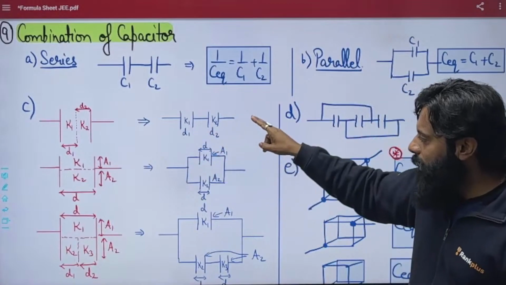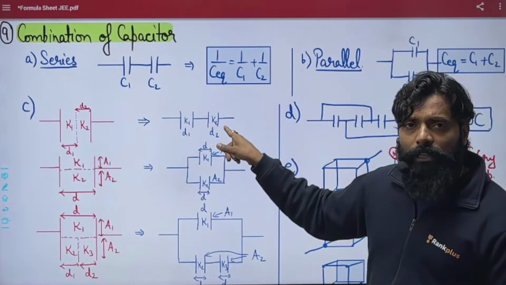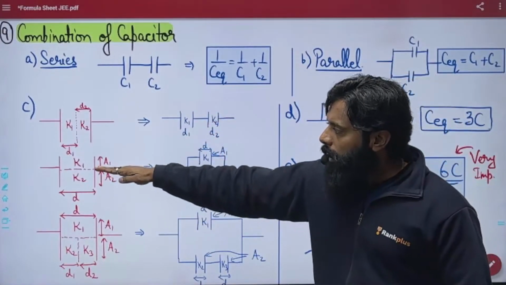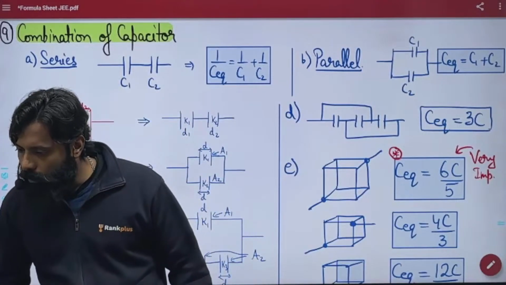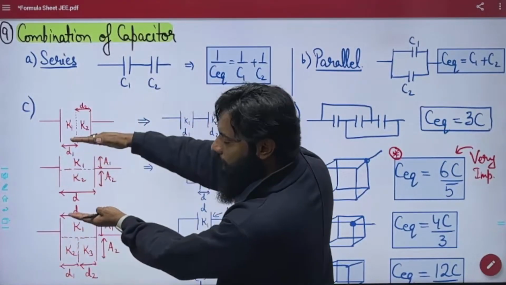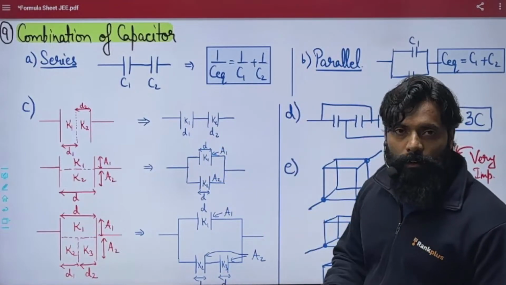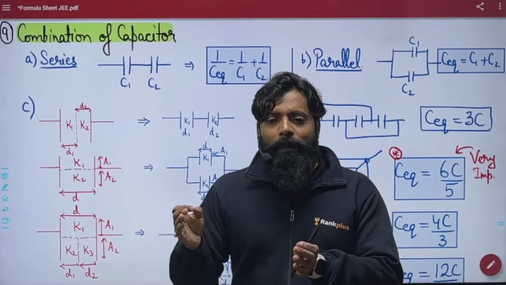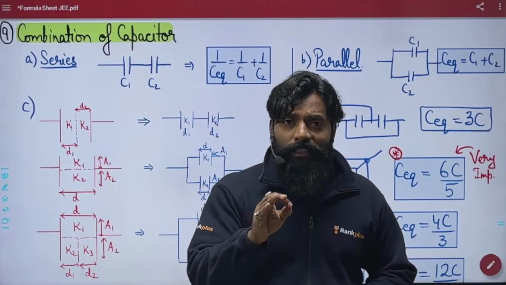If you divide this diagram, you get to know that these are two capacitors connected in series. Similarly here, if you divide this from the middle part, it will behave as if these capacitors are connected in parallel, right? So you have to apply my picture and pixel concept, which is the ultimate approach you require to crack the JEE exam.